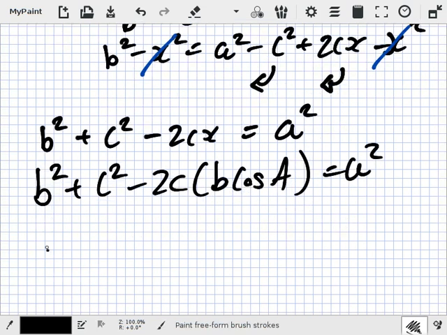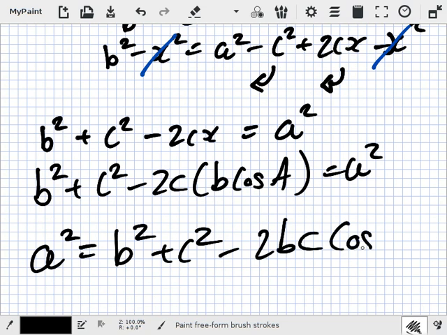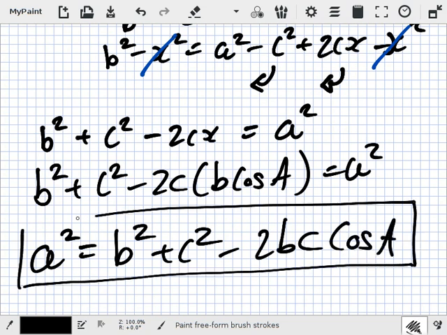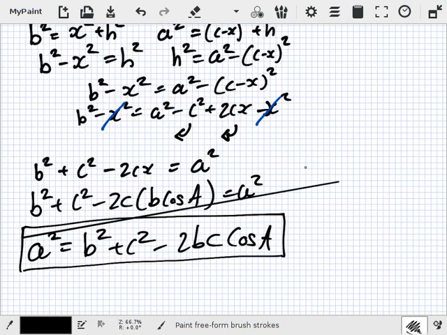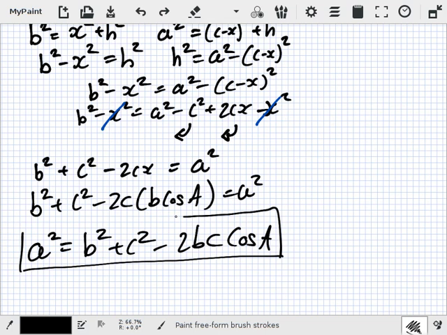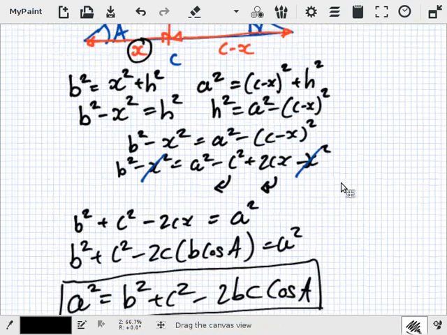Or you could just write that as a squared equals b squared plus c squared minus 2bc cos A. That's the cosine rule. Okay, if you can write this one down, that's the cosine rule.